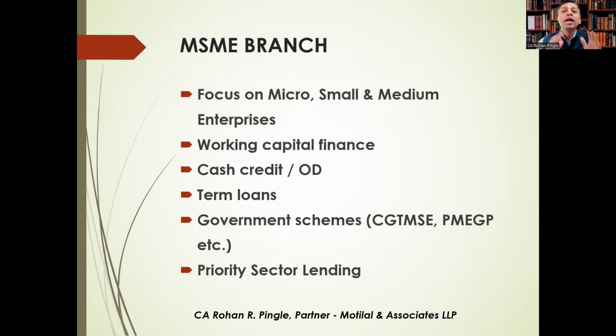Moving further, let's understand the MSME branch. MSME branches are risk sensitive. Major risks here would be incorrect drawing power calculation, stock statement manipulation, evergreening, diversion of funds, GST turnover mismatch, and inadequate collateral documentation.